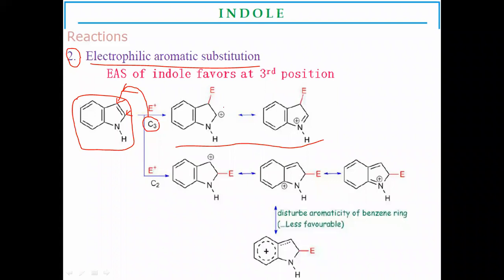And to form the positive charge on the carbon atom, due to the tautomeric effect, the lone pair of electrons present on the nitrogen atom is shared towards the charge, and the charge is transferred over the nitrogen atom, to form the most stable intermediate cation.